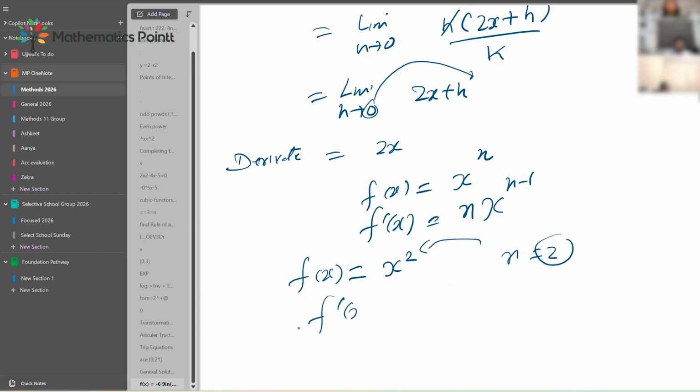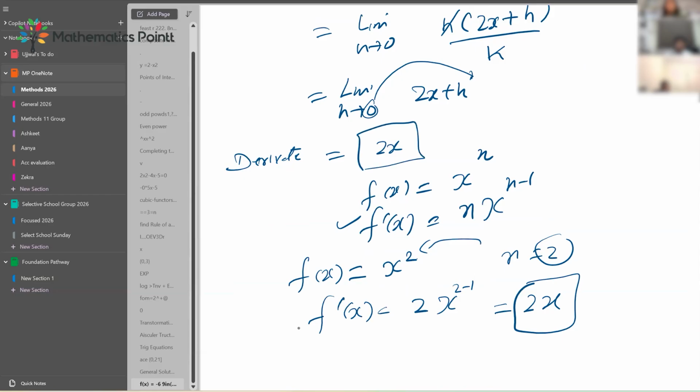So my f dash x tells me, get this 2 at the front and reduce this 2 by 1. And what do I get? 2x. I proved my first principle. This is the shortcut of the first principle.